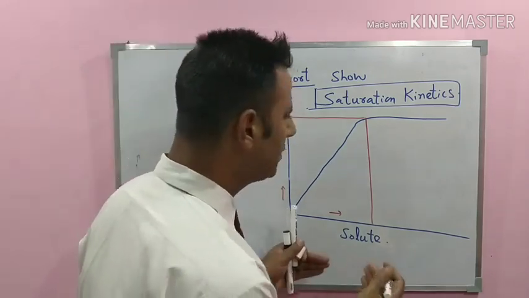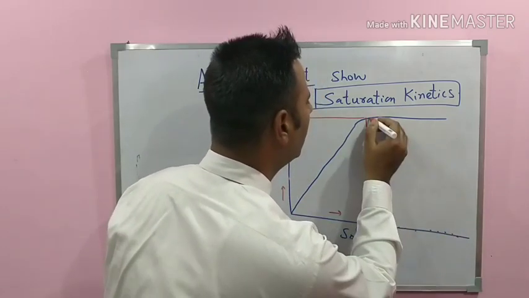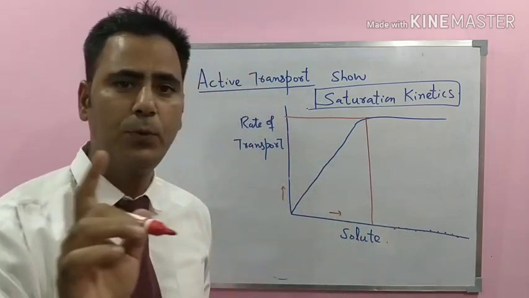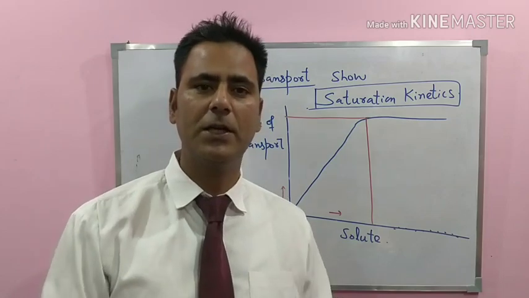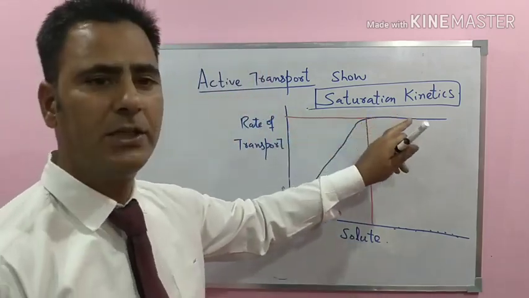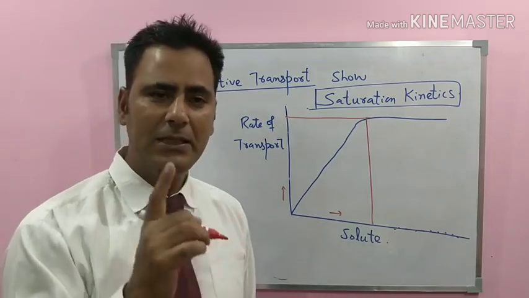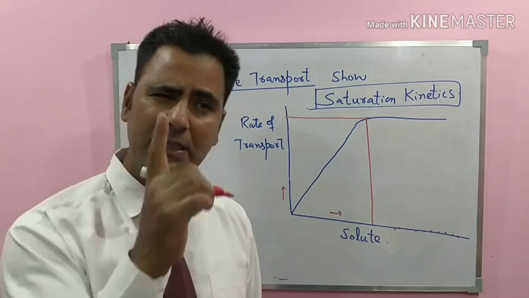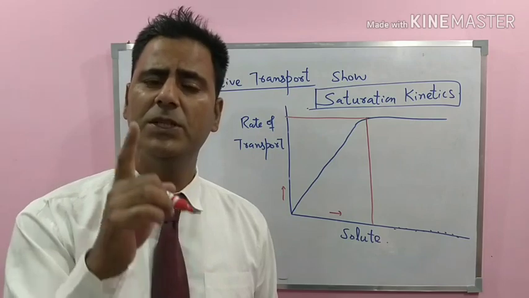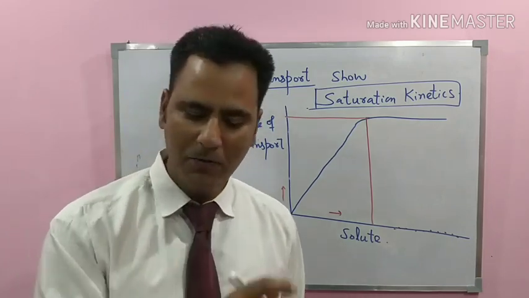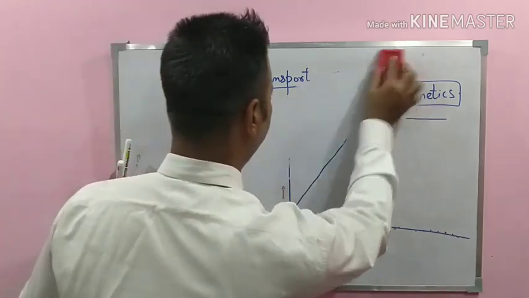If we increase the solute concentration beyond that, the rate of transport is not going to increase. There is no increase in the rate of transport. This we call saturation kinetics. And this saturation kinetics tells us the transport is carried out with the participation of carrier proteins present on the membrane. How? I will give you an example in a little while.